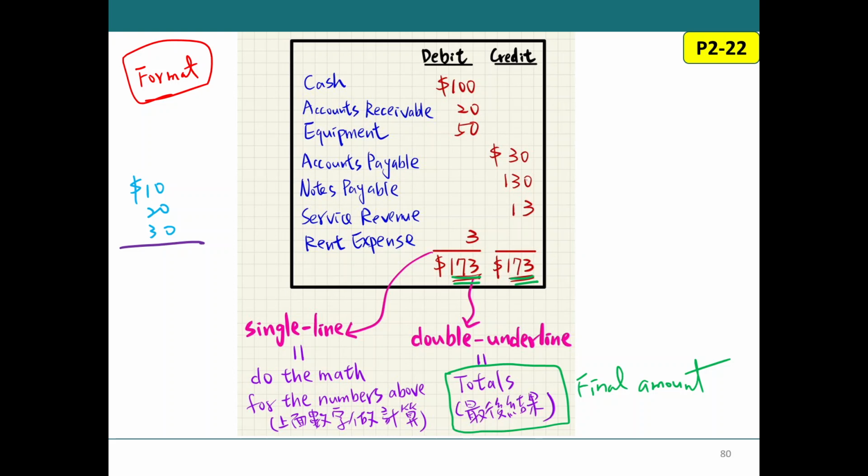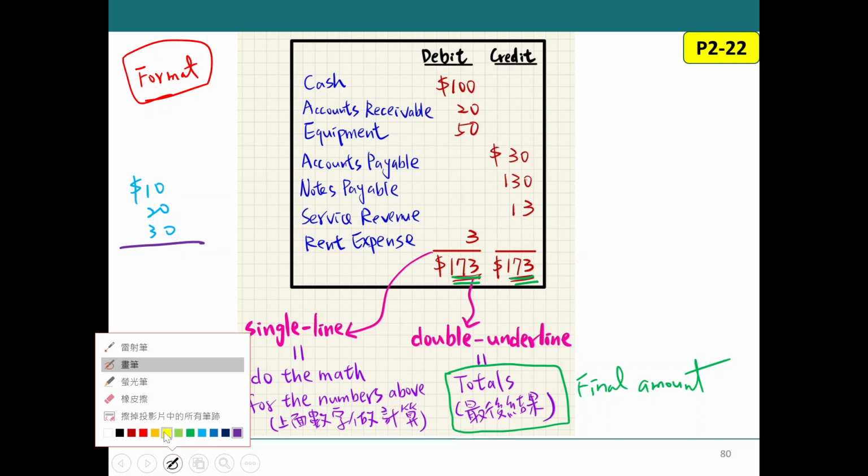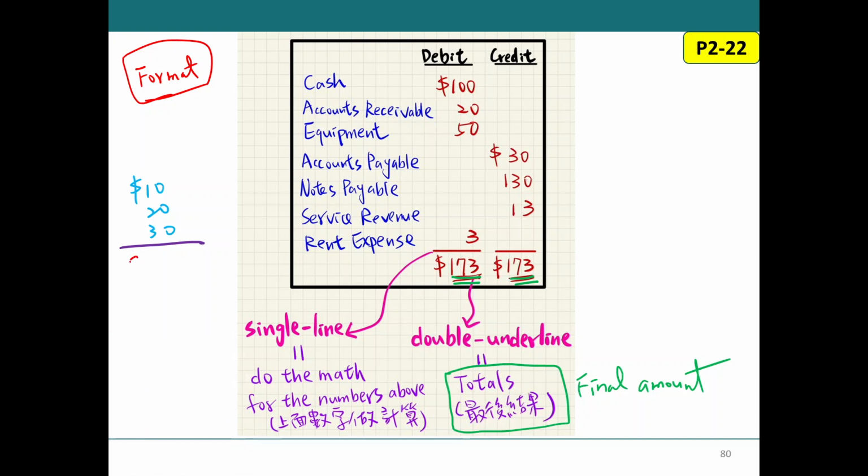So 100 plus 20 plus 30 should be 150. Did you find out the dollar sign for the last number? Don't forget, it's the last number. So I draw a double underline to tell them it's the last number. Okay?